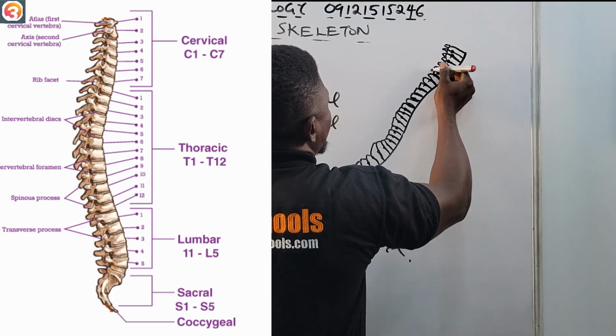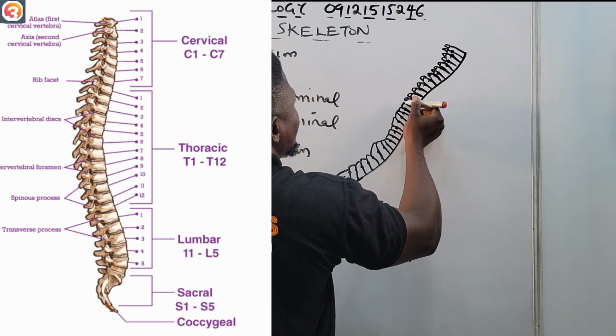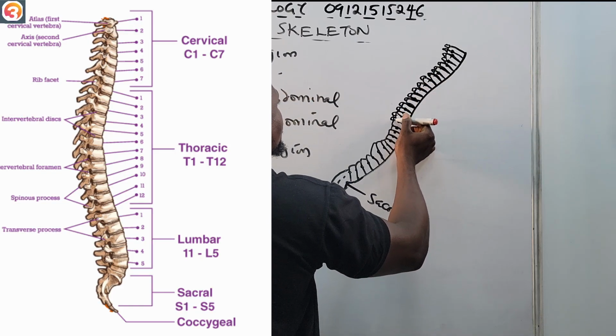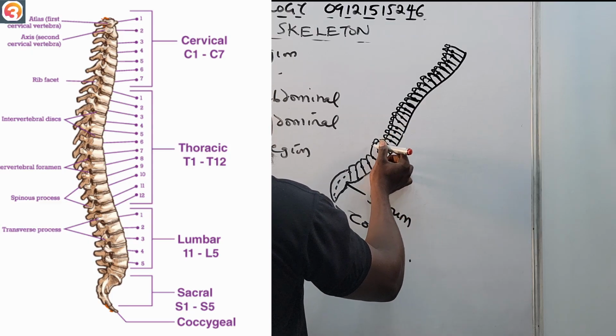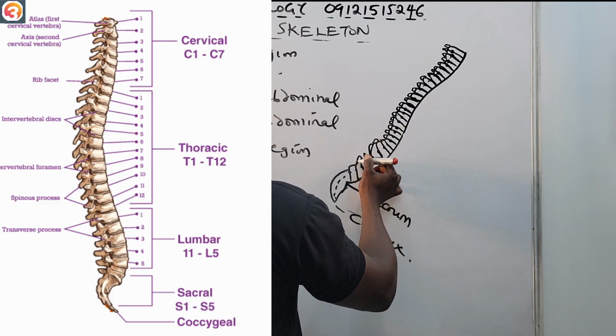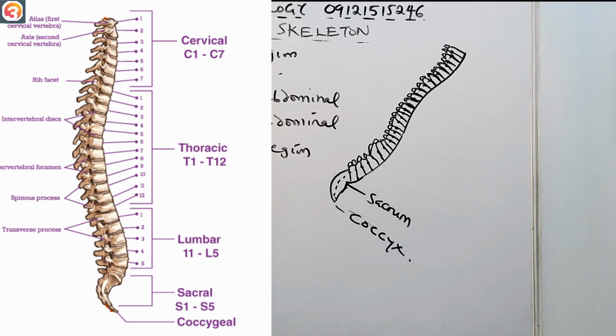We say we have 5 different types of vertebral column. We have some found in the neck region. I'm just trying to make it look like your own very well. So this is how it looks like. This is just an example. I'm showing you the right one now on the board. I'm sure you are seeing it.